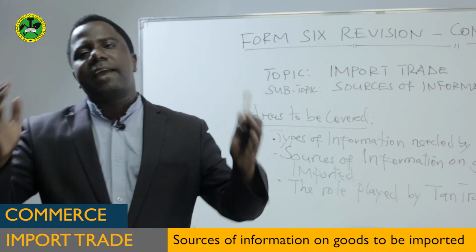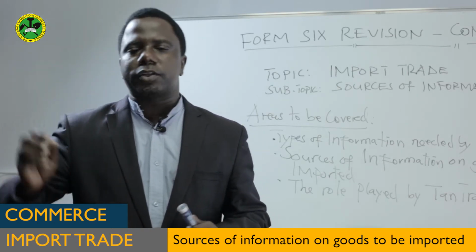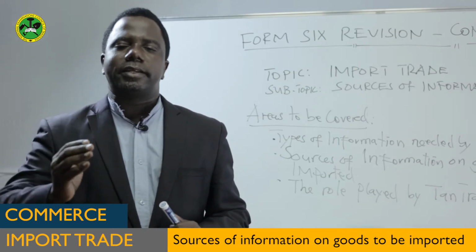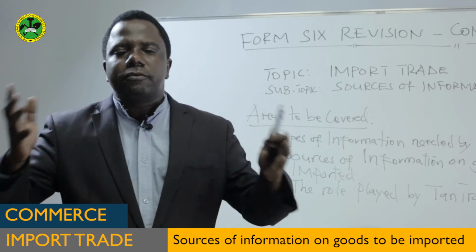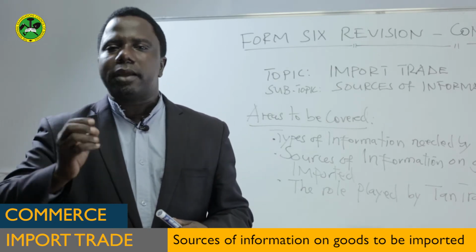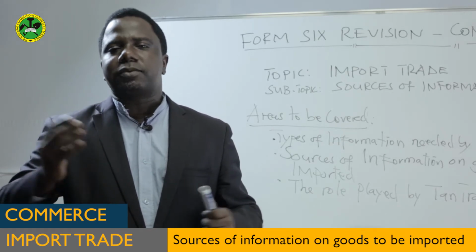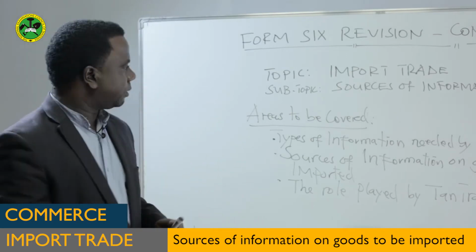So what are the types of information needed by importers? There is basic information which is needed by these importers. Without this information, they can be in trouble or they can get problems, or they may not sometimes operate in an effective way.